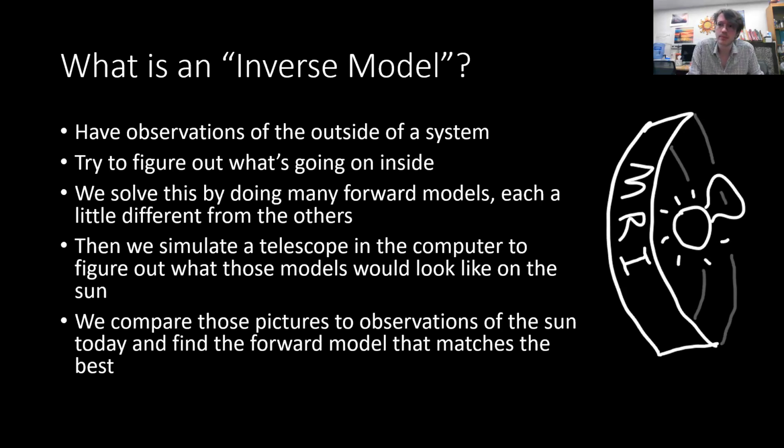But that's not what we're doing, because we don't care just about the kinds of things that could exist on the sun. We want to know what does exist on the sun. We want to know what the magnetic field on the sun is doing right now.